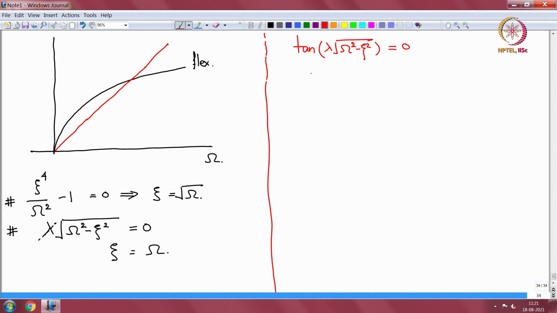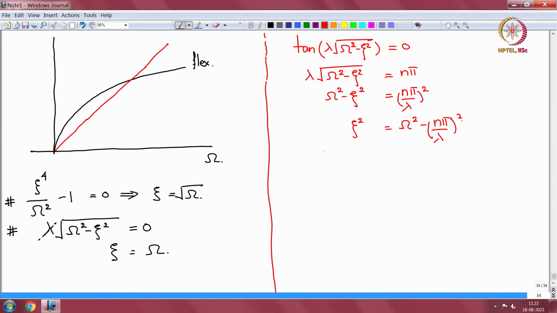So what I will say is lambda square root of omega square minus xi square must be some n times pi, or omega square minus xi square is some n pi by lambda whole squared, or xi squared is equal to omega squared minus n pi by lambda whole squared, or xi is equal to the square root of this thing.